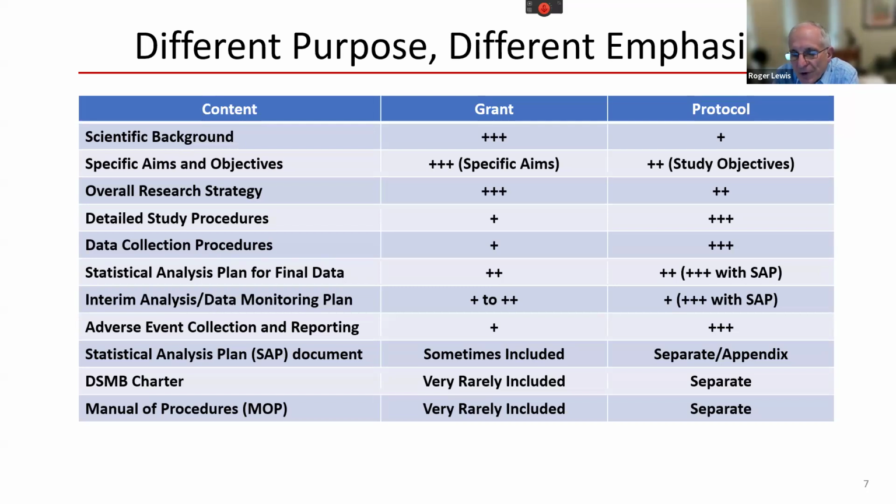The information in the grant, in contrast, for the study procedures and data collection procedures, is just detailed enough to know that you actually have a concrete plan. But this is probably a good time to point out why it is so useful if the grant mechanism allows you to make a protocol available to reviewers who want more detail in these areas.